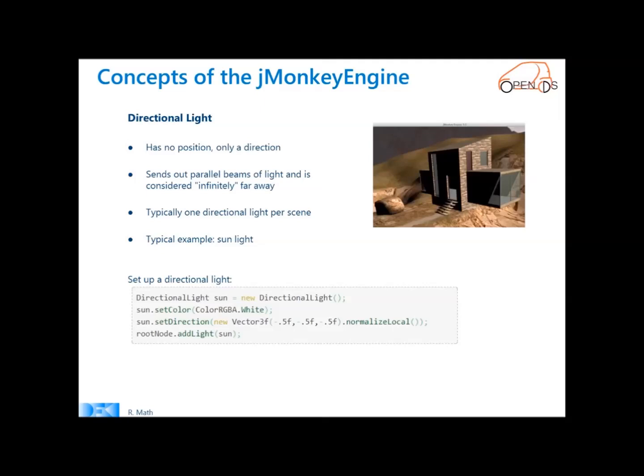Can you perhaps comment on the actual vector specification? So what does the vector mean? The vector for direction can be used to specify from what angle the sunlight is coming to illuminate our scenery.